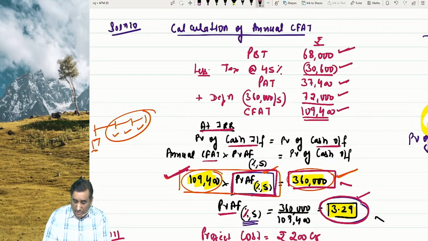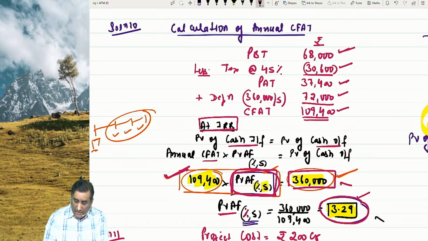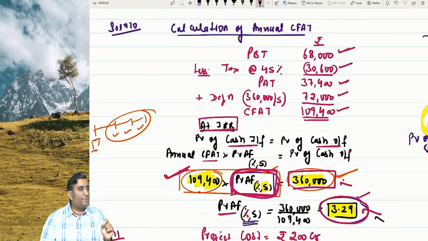This present value annuity factor which I am getting here is representing the IRR. How do you know? Because we have taken at IRR in such a way that inflow should be equal to outflow. If I want to calculate this rate, 3,60,000 divided by CFAT should be equal to 3.29. 3.29 is nothing but the summation of present value factors of IRR for 5 years.